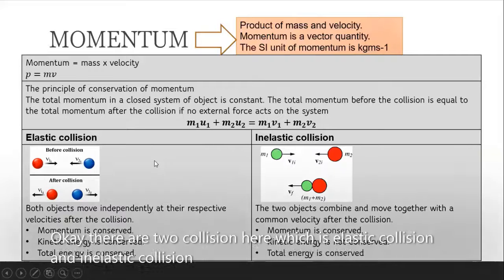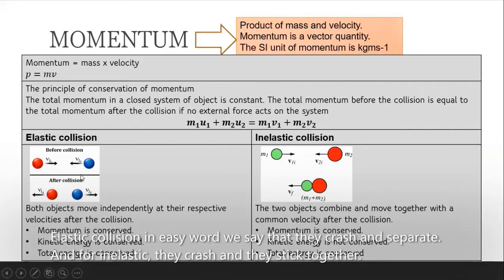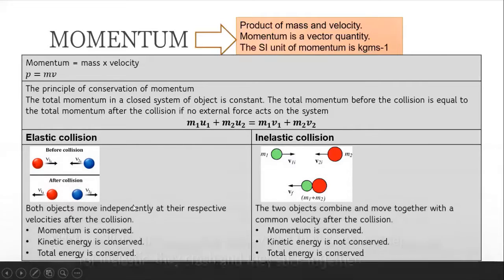Okay, there are two collisions here, which are elastic collision and inelastic collision. Elastic collision, in easy words, we say that they crash and they separate. And for inelastic, they crash and they go together. For elastic collision, both objects move independently after the collision.